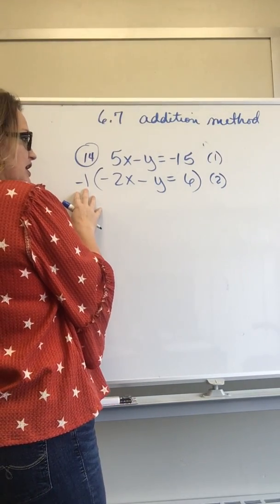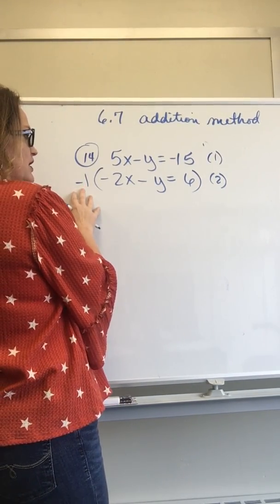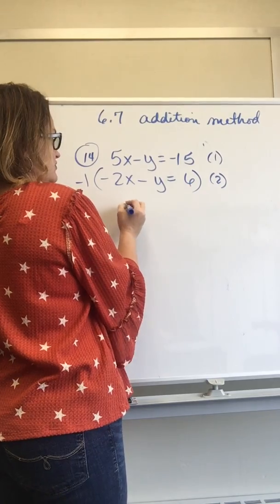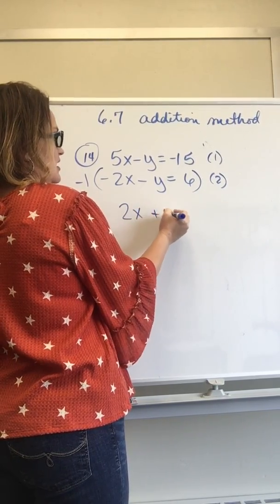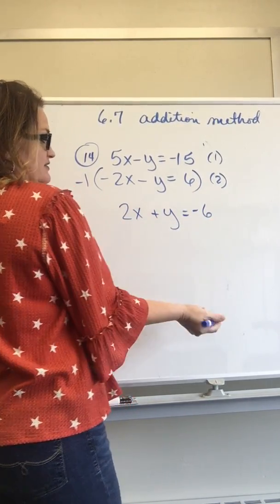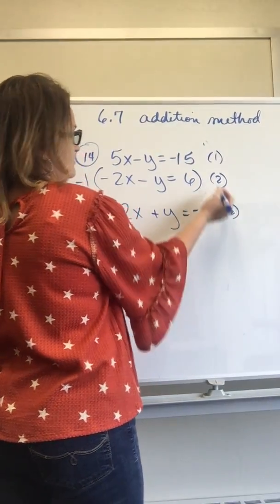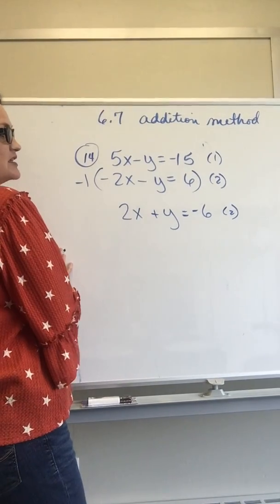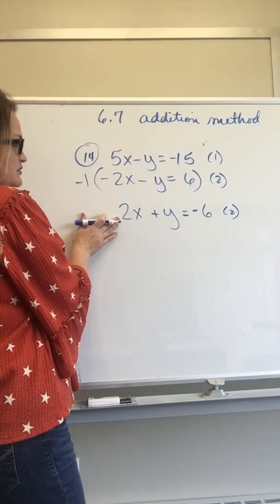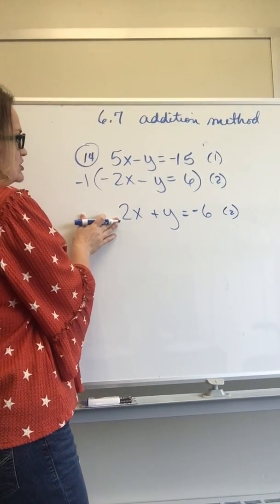And in this case, multiplication of both sides by negative 1 will distribute the negative 1 and result in a positive 2x, a positive y, and make that a negative 6. Just basically changing all of its signs. It's still absolutely equivalent to equation 2. It just looks a little different, but absolutely the same equivalent equation.